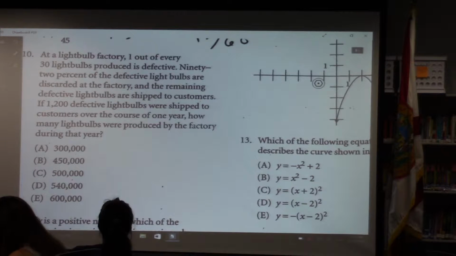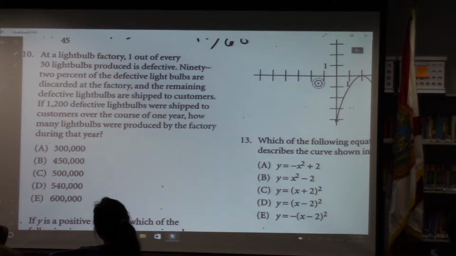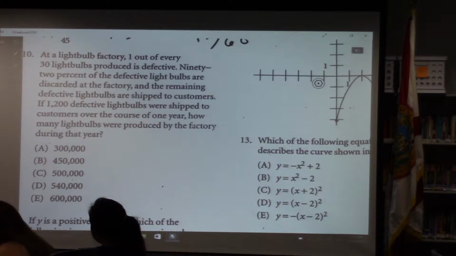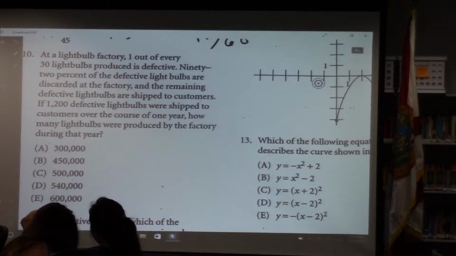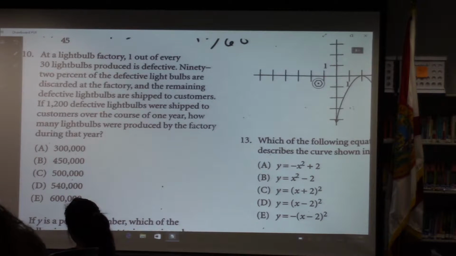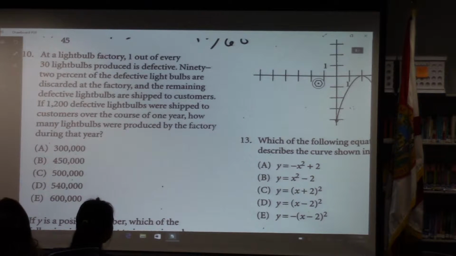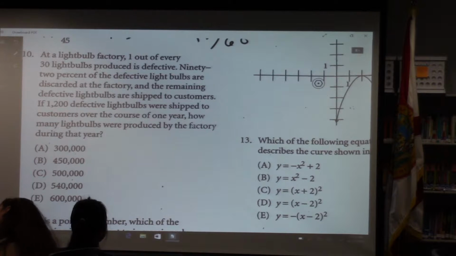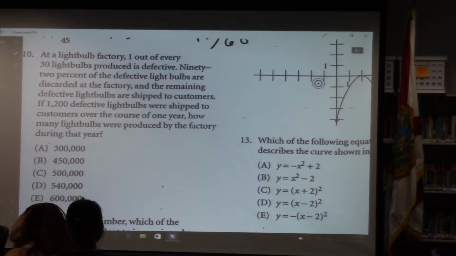Now, we would start with C, because it's in the middle here, but if we look at this, 1 out of every 30 light bulbs is defective. So, what's a problem there? What can stop us from going through the hassle of trying 500,000? Yeah, they're broken before we start, because we're getting fractions of light bulbs. This is not a good start to our day.